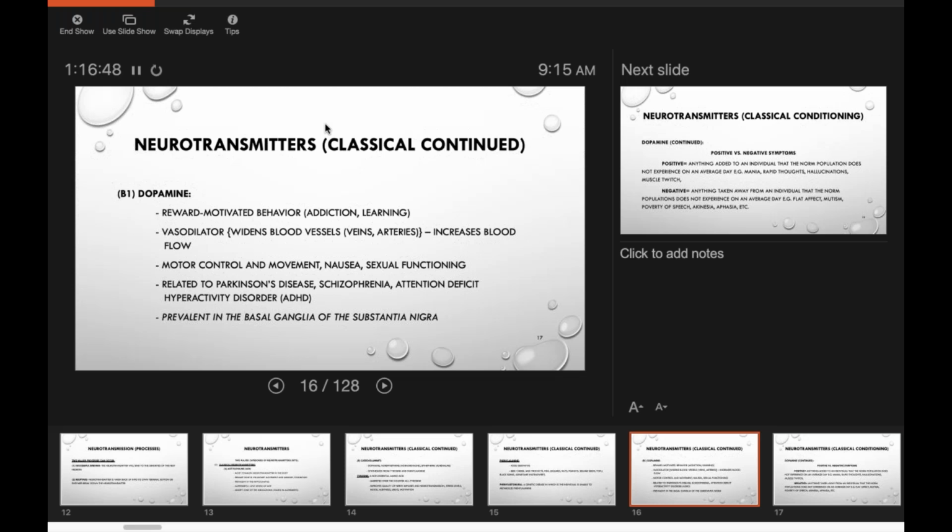The person who is inattentive and checks out, you give them a stimulant and now they're focused. Sometimes if the dose of a stimulant in a person with ADHD is too high, they'll get sleepy.